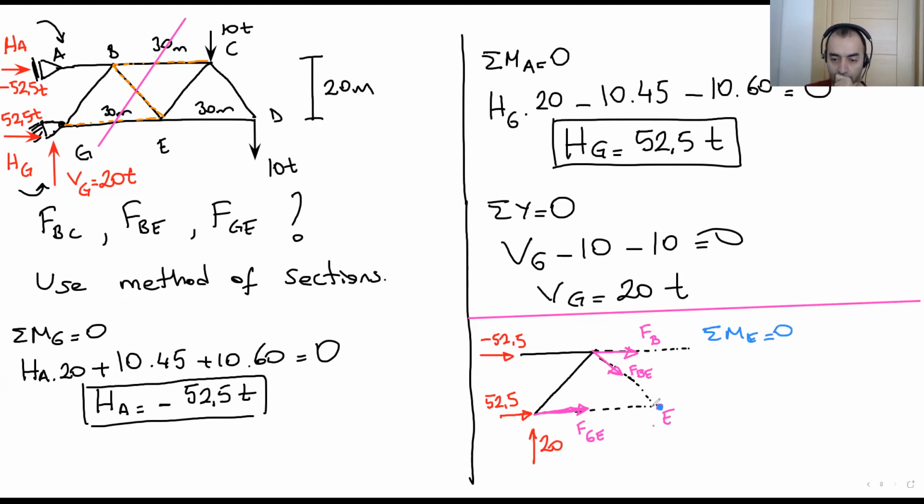This is the point. So these are the unknowns. We have three unknowns, so the moment of these two around point E is 0. Only FBC remains, so we can calculate FBC from here easily. Let's do it like that.